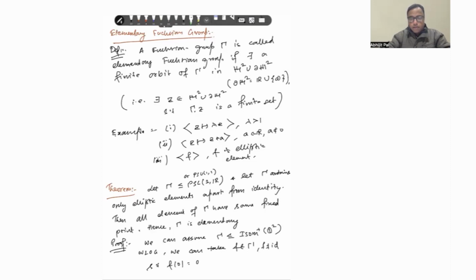The same you can define for PSU11, the group which acts on the unit disk model of the hyperbolic plane by orientation-preserving isometries.